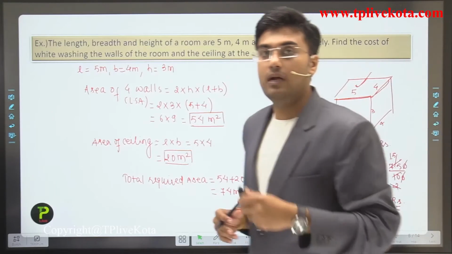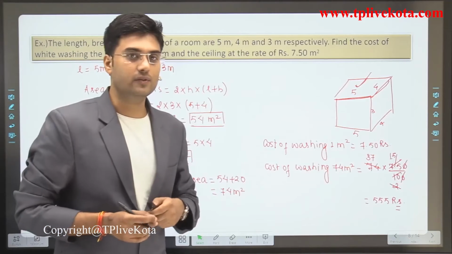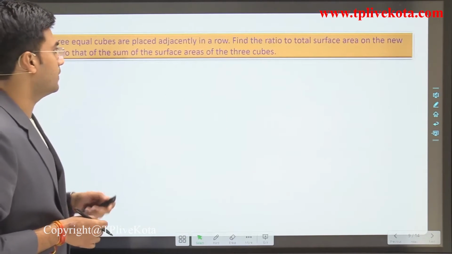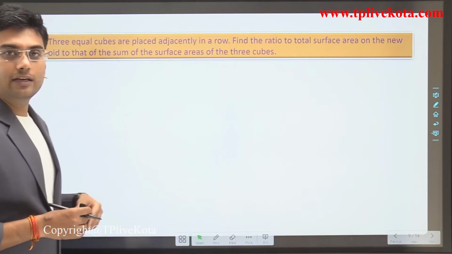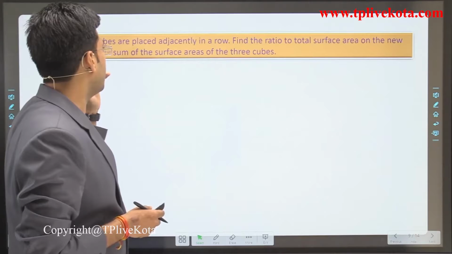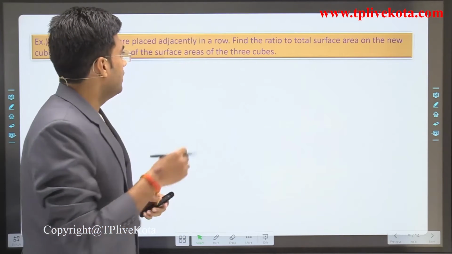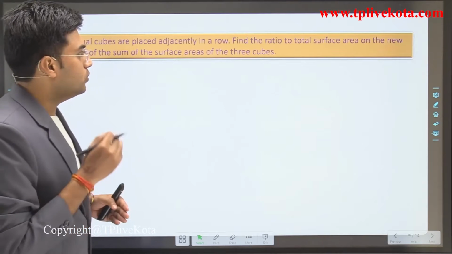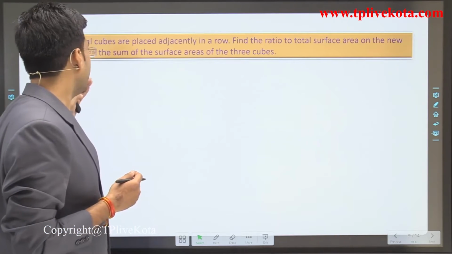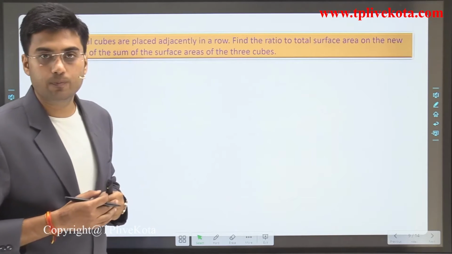So now after this question, let's move to the next question. Here 3 equal cubes are placed adjacent in a row. Find the ratio of total surface area of new cuboid to that of the sum of the surface area of 3 cubes.